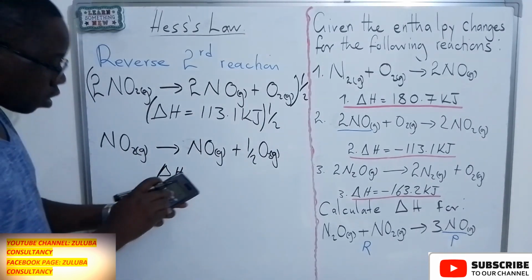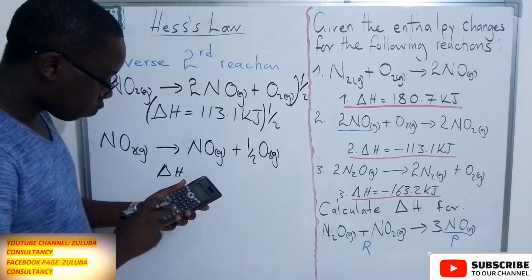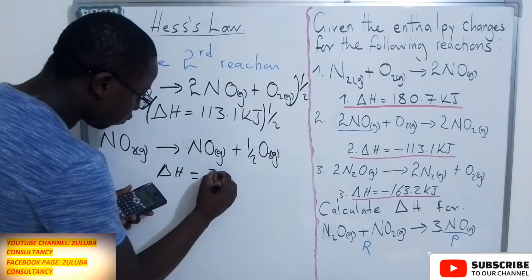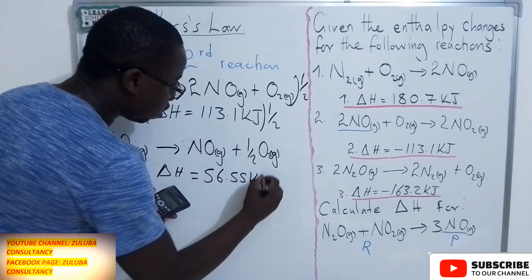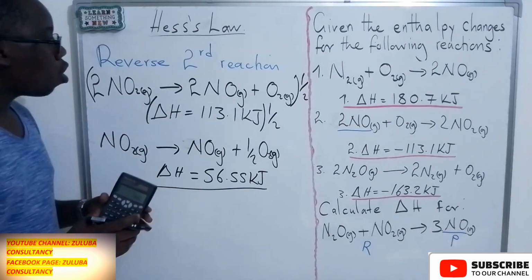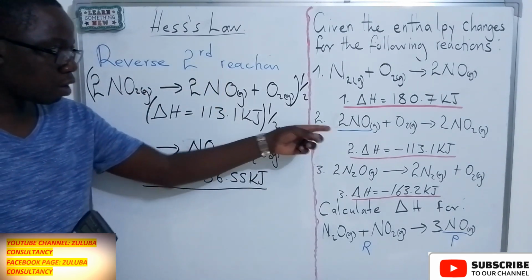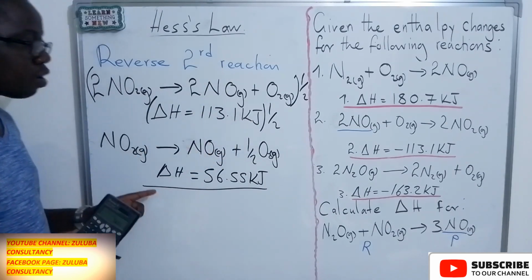So we are simply saying, 113.1 divided by 2. It is giving us the enthalpy change of 56.55 kilojoules. So this becomes the enthalpy change of first reversing the second reaction, then secondly multiplying the second reaction by half.